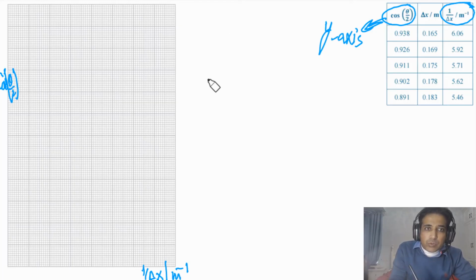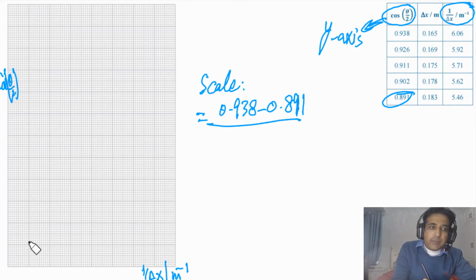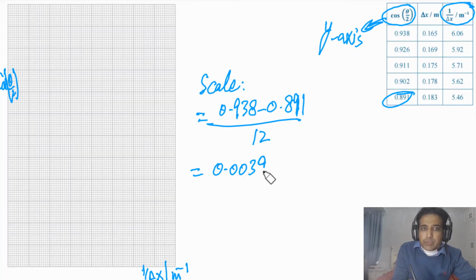Next thing, we need to choose a sensible scale. To choose the scale, we can take the maximum value 0.938 minus the minimum 0.891 divided by the number of small squares. We have 12 small squares. We divide by this one, so we will get 0.0039.